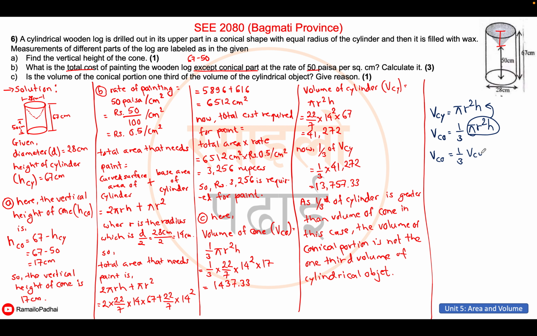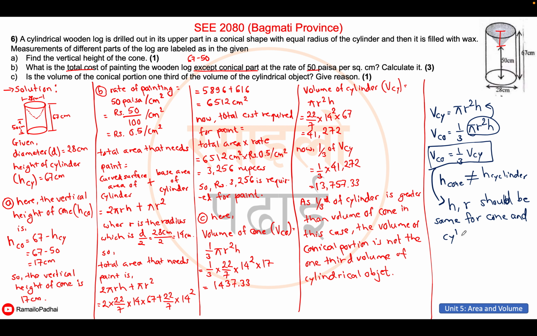However, this is not in our case, because here the height of cone is not equals to height of cylinder. To have this relation, the height and radius should be same for cone and cylinder, but we don't have that in this question. So the volume of conical portion is not 1/3 of the volume of the cylindrical object.